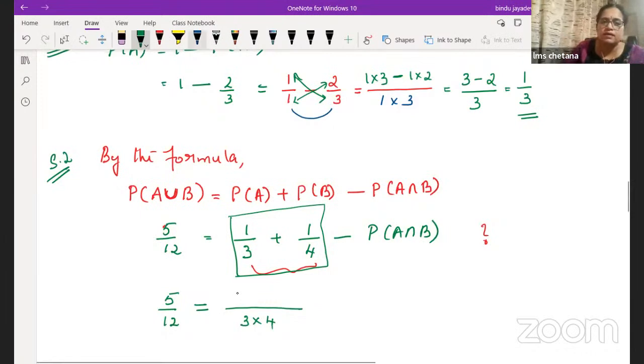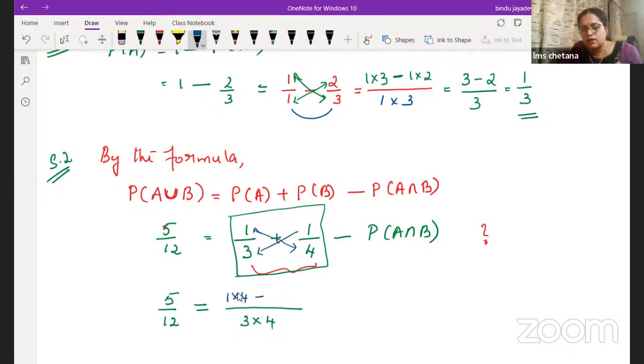Then see here, cross multiply, right? 1 into 4 multiply, that I have written 1 into 4, then what do you multiply? Yes, 3 into 1, otherwise 1 into 3. That is minus, here minus probability of A intersection B. This is the next step.